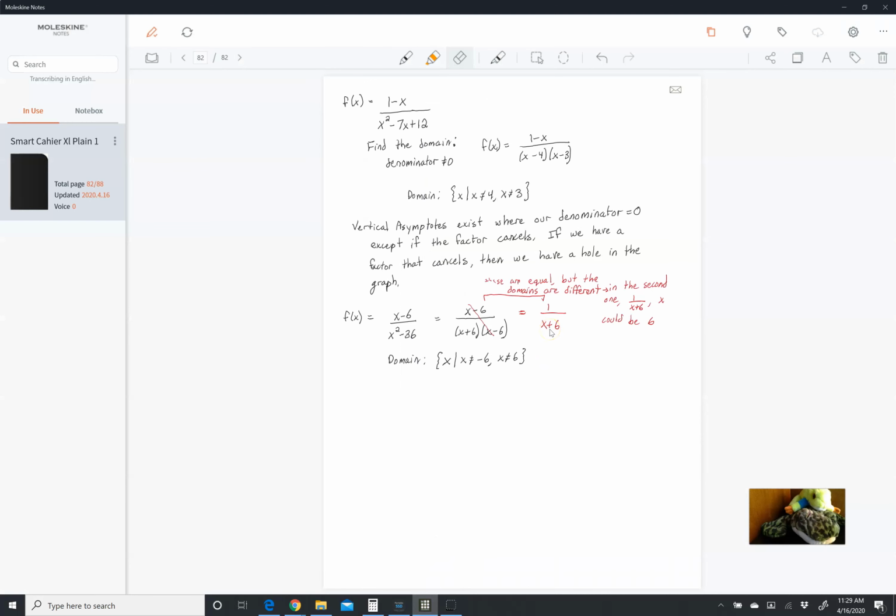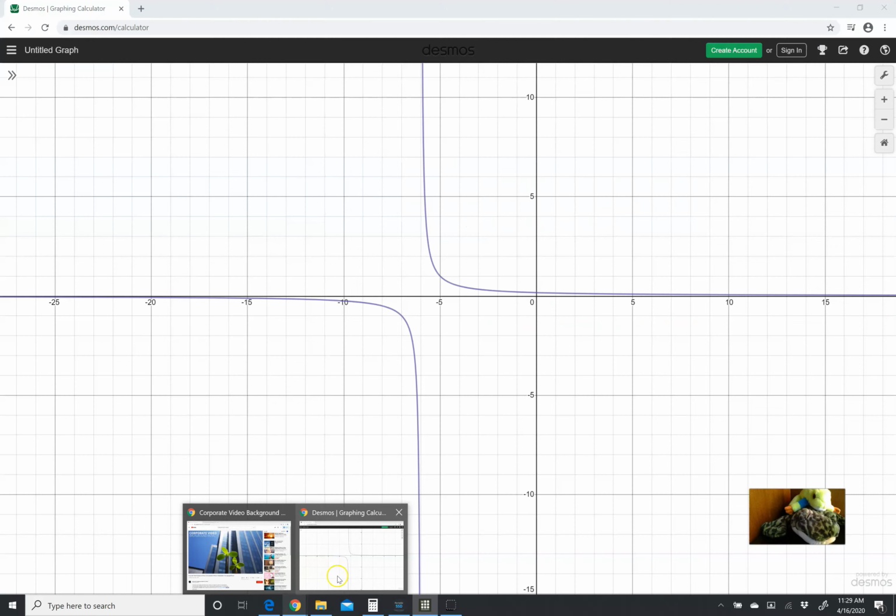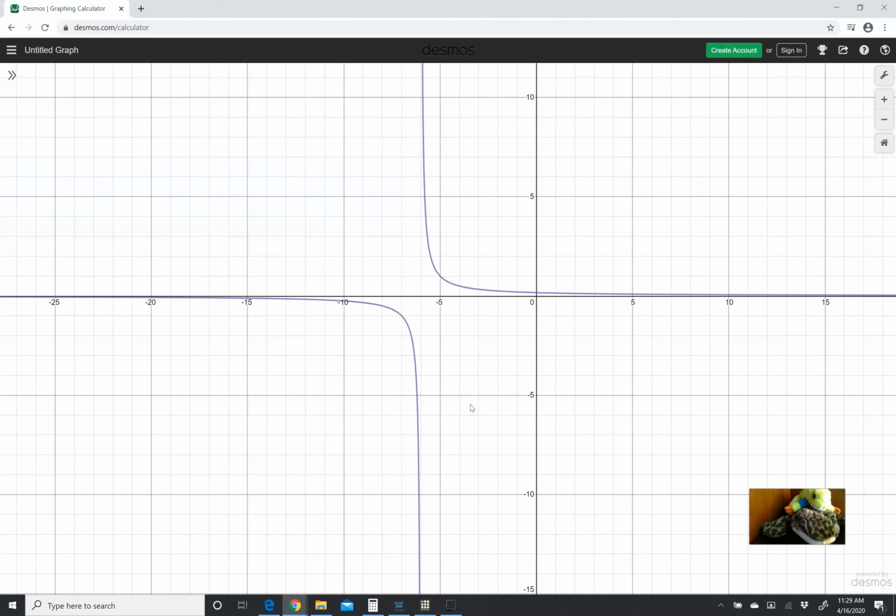This tells us that there's a vertical asymptote at x equals negative 6. It doesn't cancel, okay? So vertical asymptotes exist when our denominator is equal to 0. At negative 6, our denominator is equal to 0. But our denominator is also equal to 0 at 6, but you could see there's no asymptote here. And you can't really see it in this graph, but you can see it if we actually go to the point.